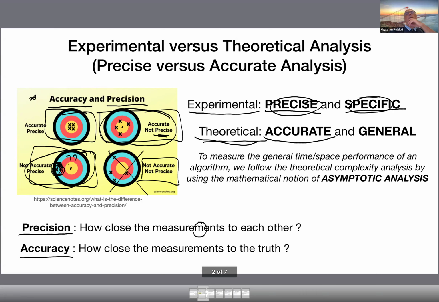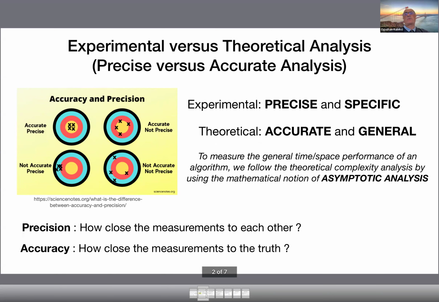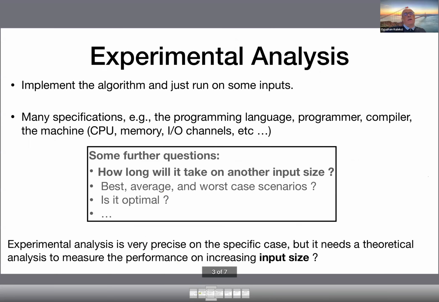So we say that, given the pseudocode of an algorithm, I will measure how many times the instructions will be executed, and I will measure how much extra space I will need during this calculation. And I would like to do it on all possible inputs. So that is why it will be a very general answer.